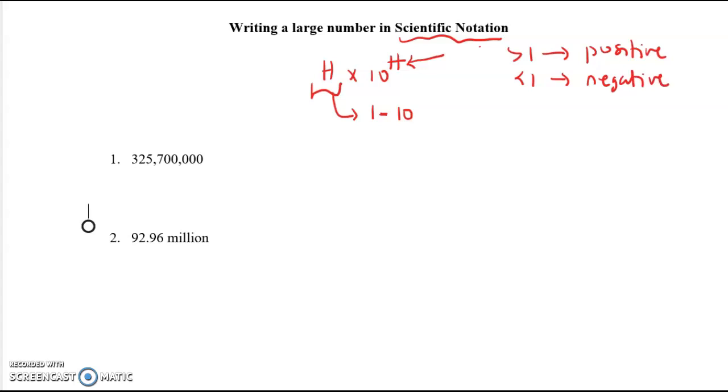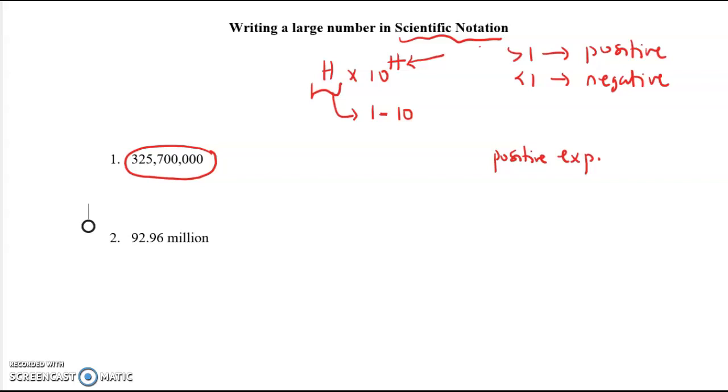Now let's look at how we can write these values in scientific notation, starting with the first number. Here, this value is large, so we're going to have a positive exponent. 325,700,000 is greater than 1, and therefore it is large, and our exponent will be positive as well.